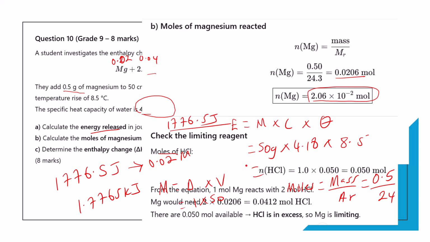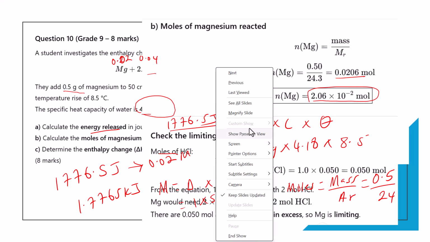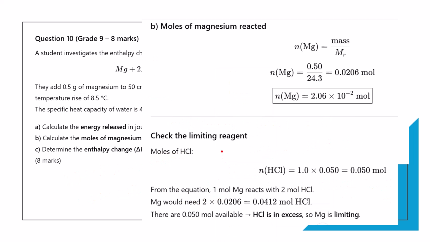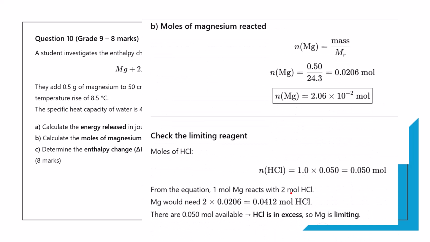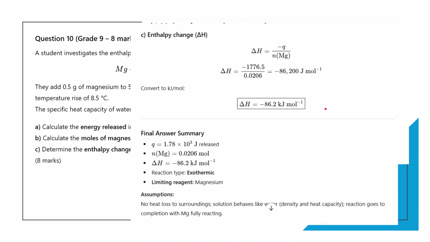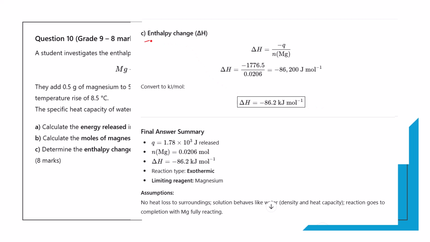Now, let's see what they've just done. Let me just look at what they've done here. This is part B. We've done part B, and then we're going to be looking at part C. All right, so part C, we have the energy that was released was this. It's negative because it was released.